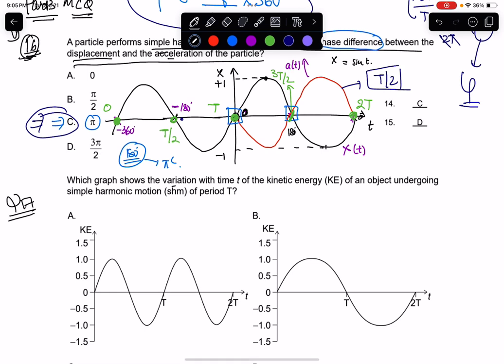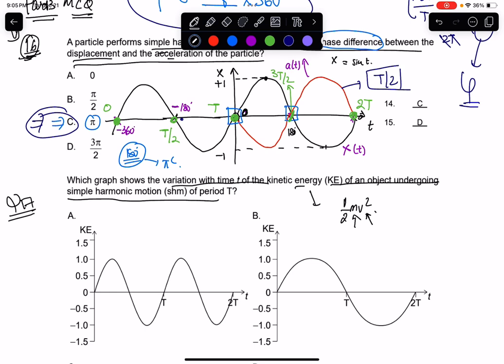Which graph shows the variation with time of kinetic energy of an object undergoing simple harmonic motion with a period of T? What you have to remember is that the kinetic energy is given by 1/2 mv squared. The mass is going to stay positive and v squared will also stay positive.